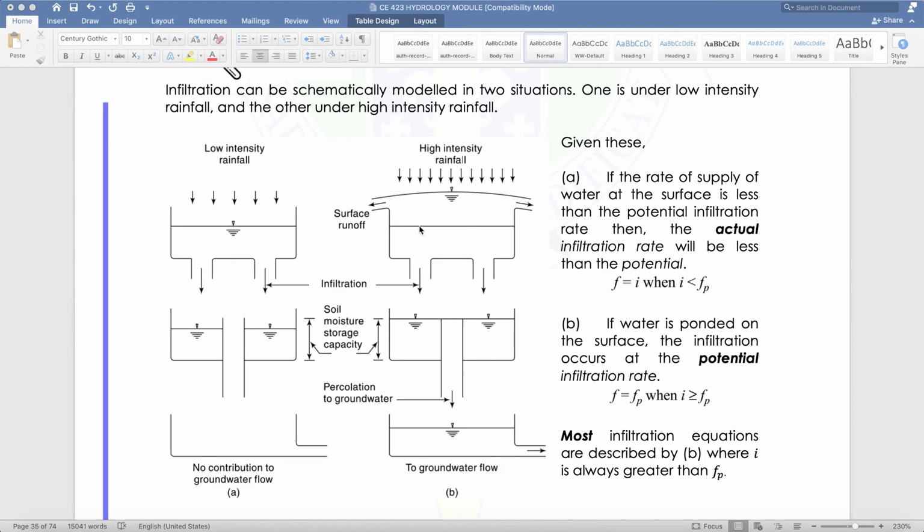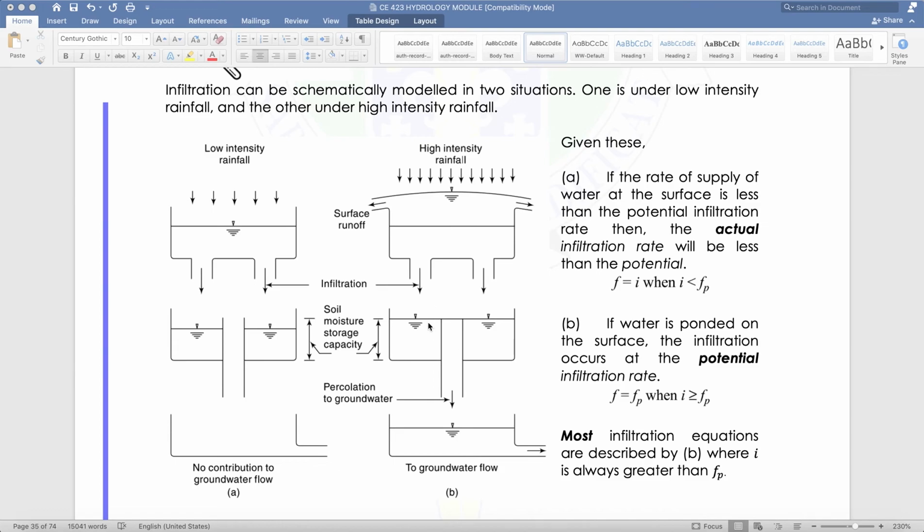Okay? For example, this is the storage capacity of the soil, but since we have a high intensity rainfall, nagkakaroon tayo ng malaking volume ng water that is being dumped onto the surface area.